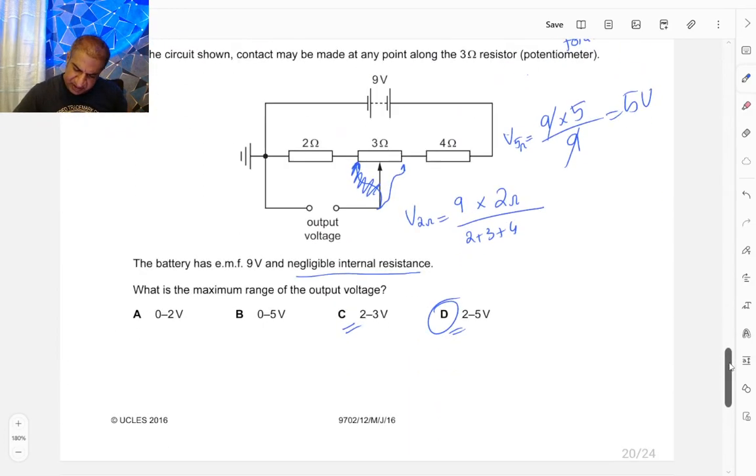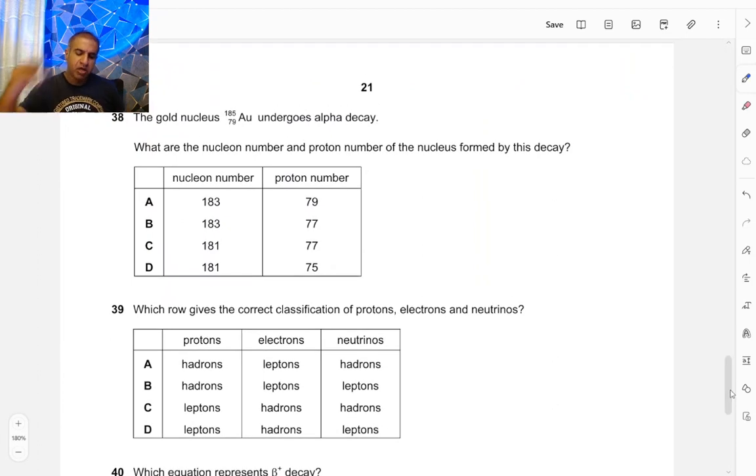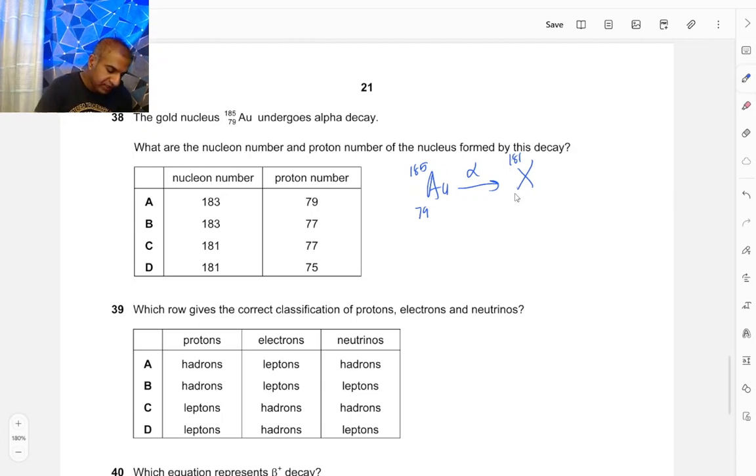Oh my God, this paper has almost ended. A gold nucleus undergoes alpha decay. What are the nucleon number and the proton number of the nucleus formed by this decay? We already know that if gold-185, proton number 79, emits an alpha particle, we are going to be left with another element. Let this be element X. The nucleon number is going to decrease by 4, so this is going to be 181, and the proton number is going to decrease by 2, so 79 minus 2, and that is going to be 77, plus alpha 4, 2.